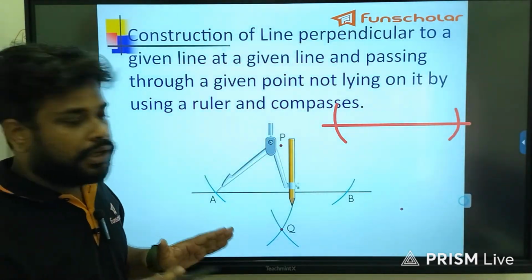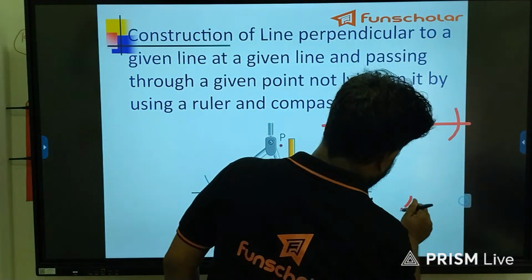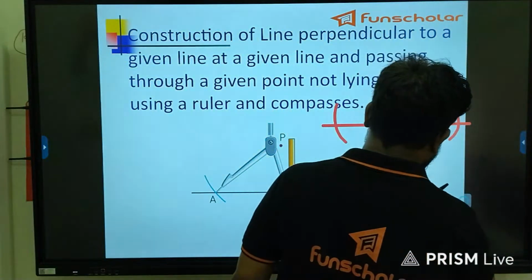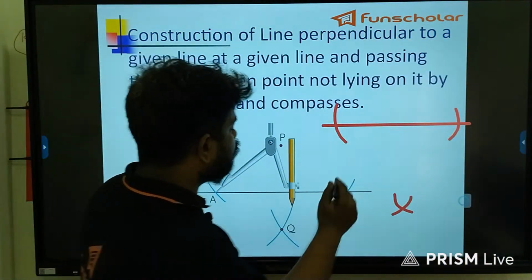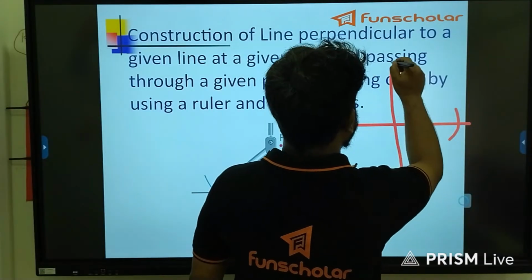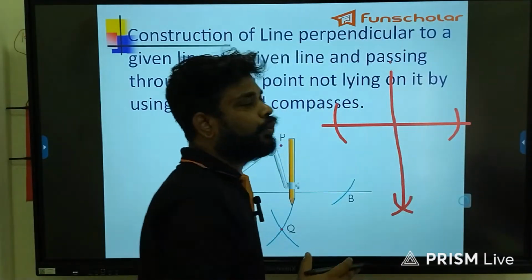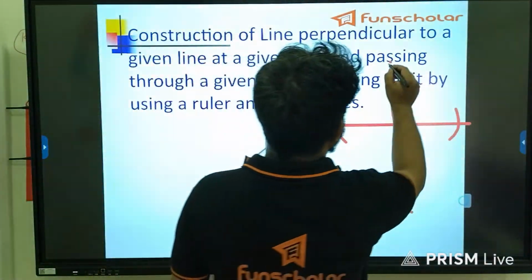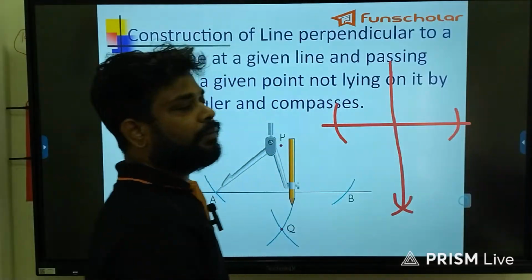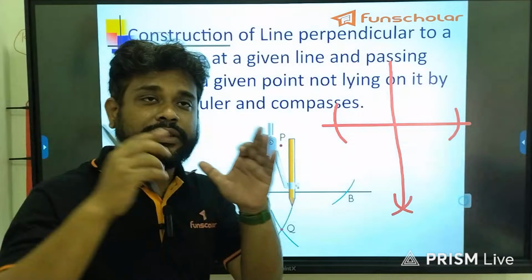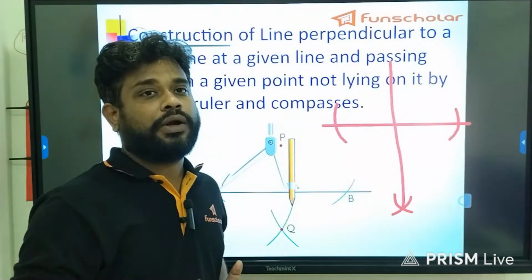By taking these two curves, draw a curve again here and another here, and join these two lines, and here will be the point from which we started drawing the perpendicular. Join the line and you will get the perpendicular like this. Try this with the help of a compass and ruler only.